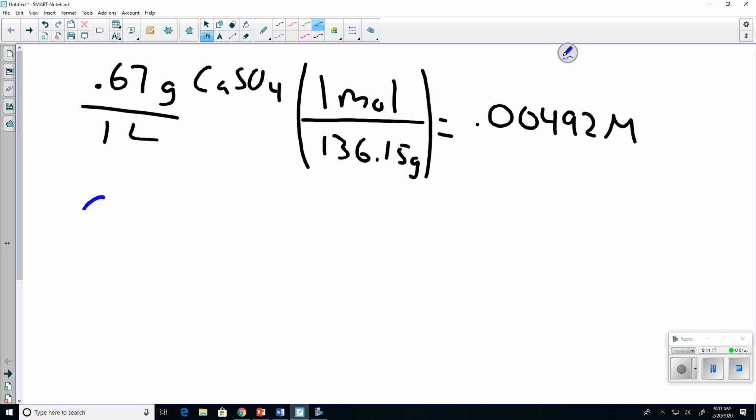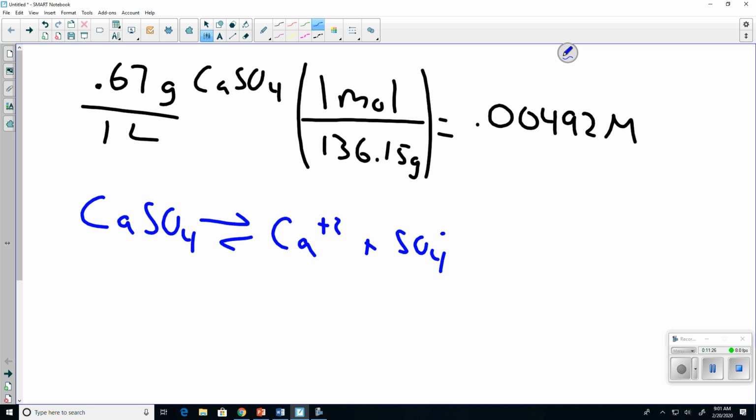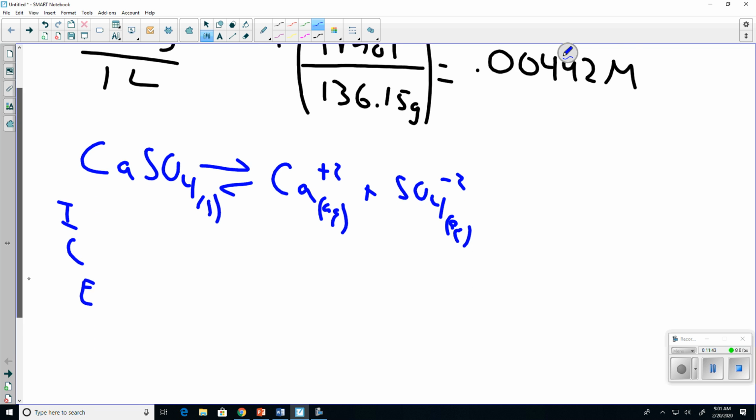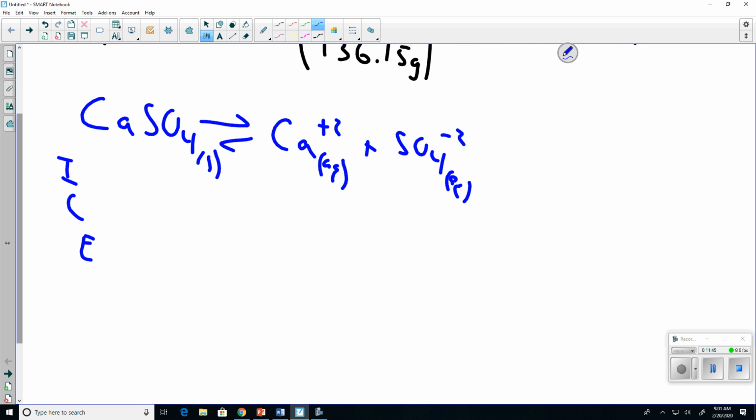Now, if I were to write out this equilibrium expression, again, remember these two things are aqueous. This is a solid, which is why it's not going to have a concentration. If I started off this process, before dissolving would begin, I'd start with 0 of each of these things.